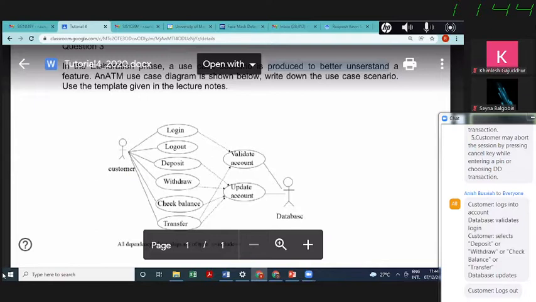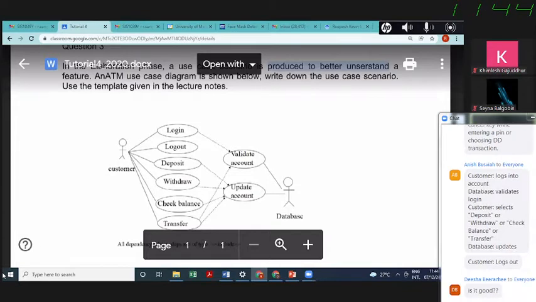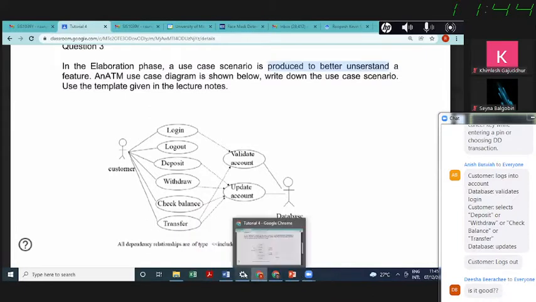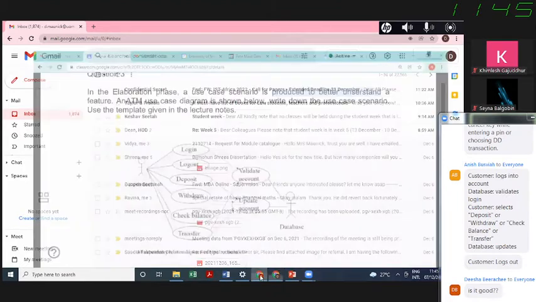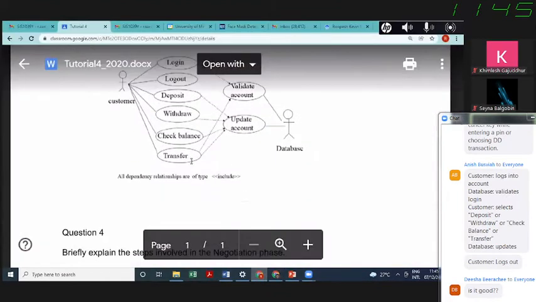We get a number of interesting answers here. Now you enter PIN to log in, but before you enter PIN, you have to put the card. So put the card, put PIN, request. It needs to be in order also. Let me go back to the example that we're talking about.